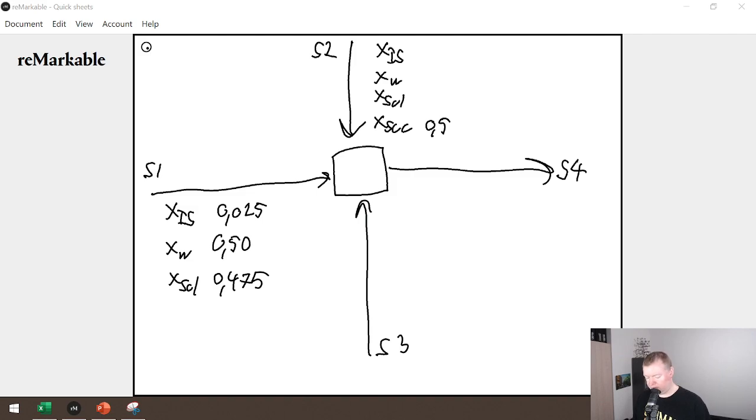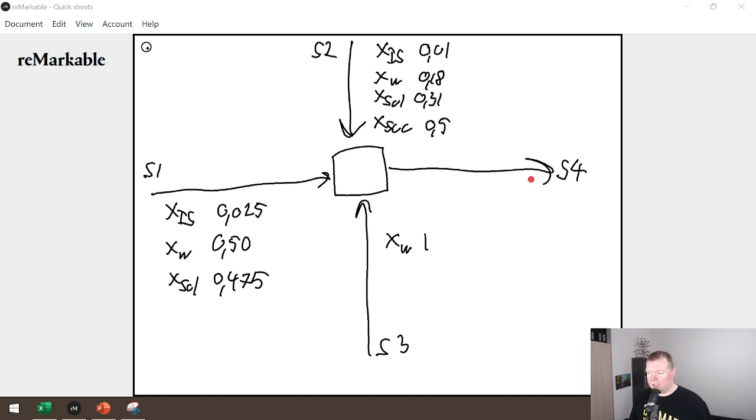For the invert sugars it's 1%. For the water it's 18, and the remainder solids is 0.3101, so that gives me 31% of solid material. And finally we have our stream 3, where we are basically just adding water. So down here we only have water of 1.